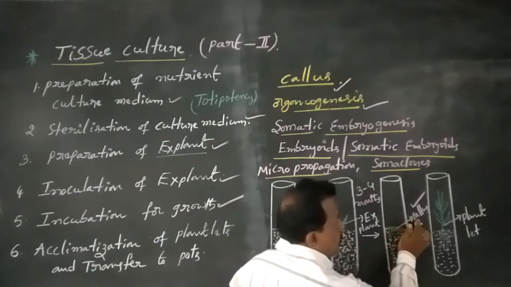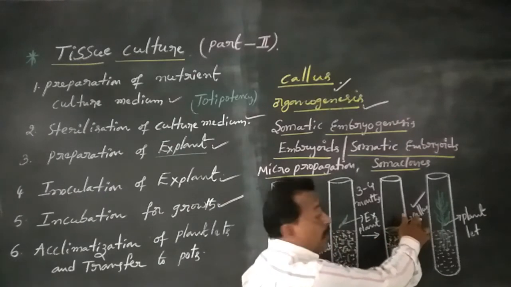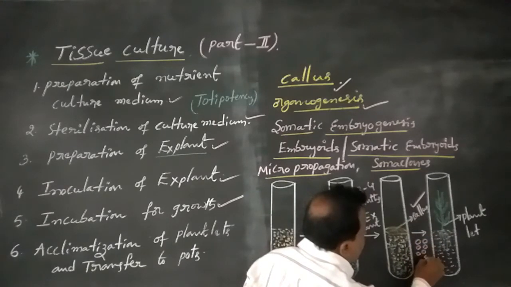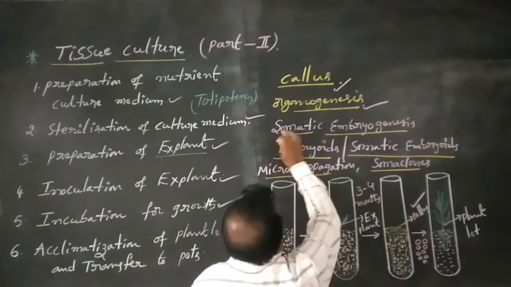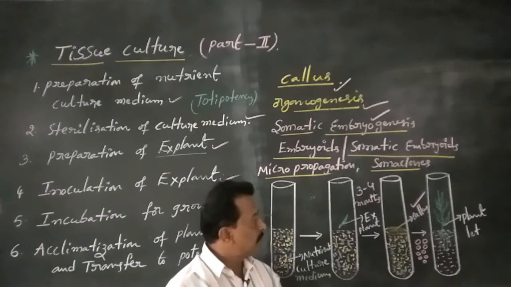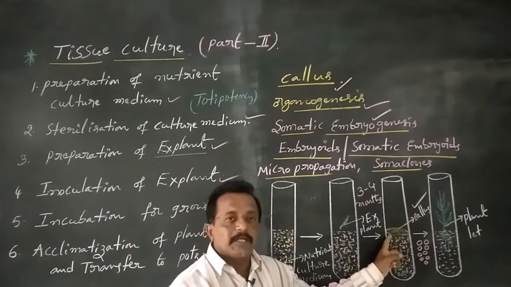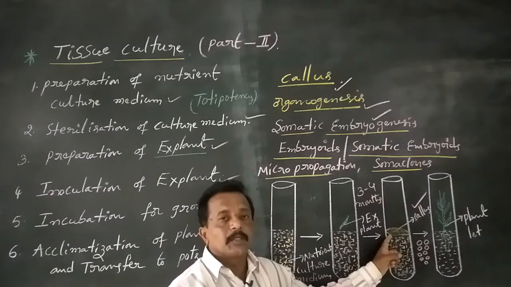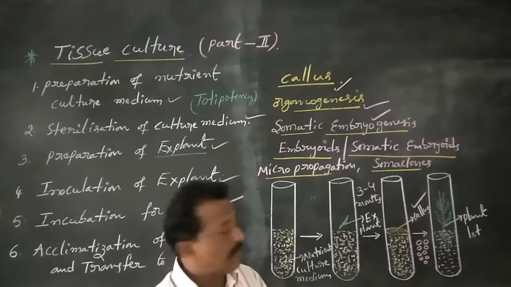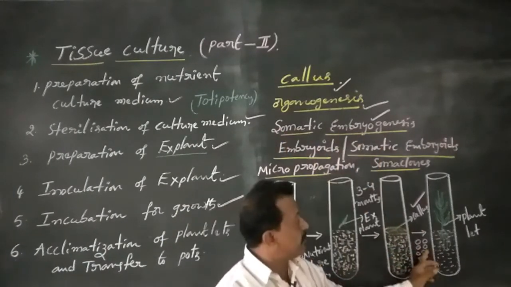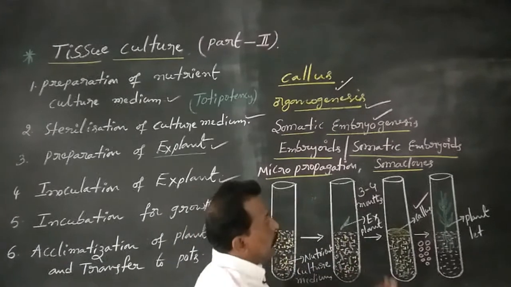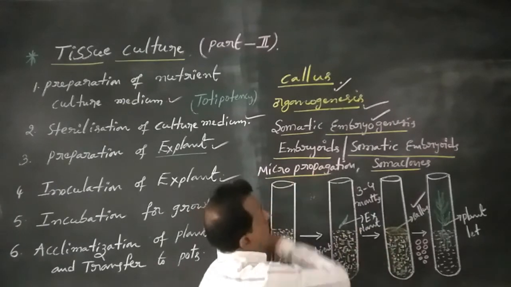But sometimes this callus directly develops embryo-like structures. That is called somatic embryogenesis. The test tube of callus directly develops embryo-like structures, that is called somatic embryogenesis.